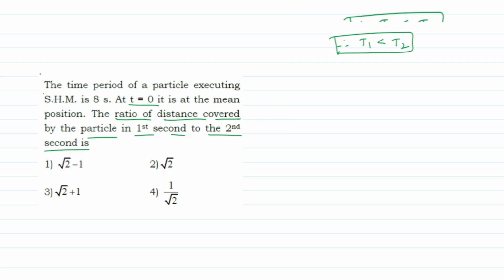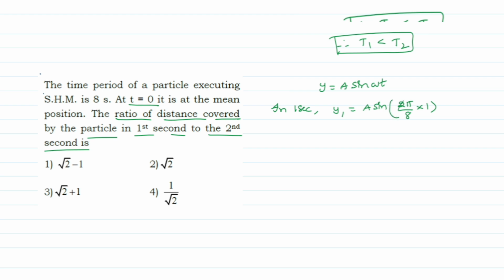So the general formula at the mean position is y equal to a sin omega t. The initial phase at time t equal to 0 is 0. Now in 1 second, y1 equals a sin omega t, where omega is 2 pi by the time period, 8 seconds, into 1 second.